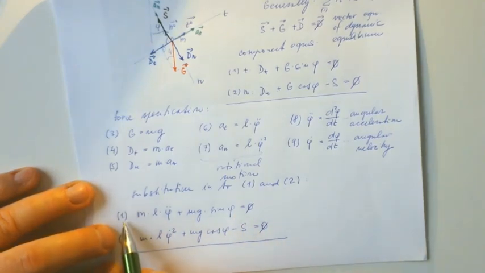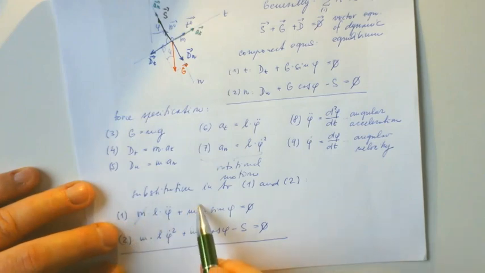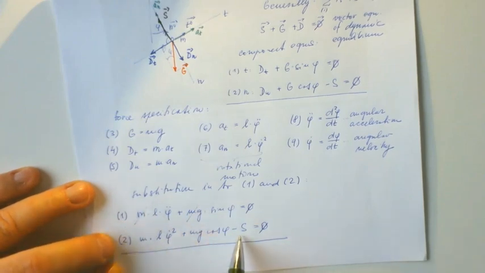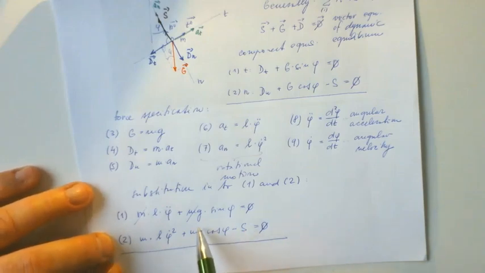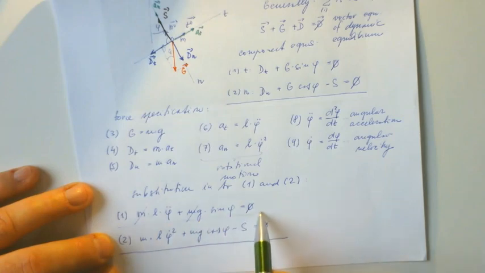In first equation we can cancel mass, not in second equation, because there is this force and this term doesn't contain mass. So for further calculation we will use this equation because it's convenient.